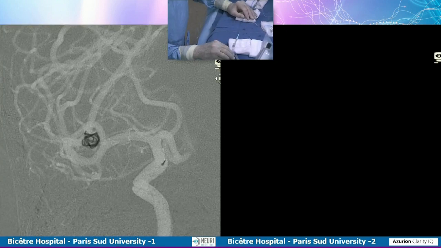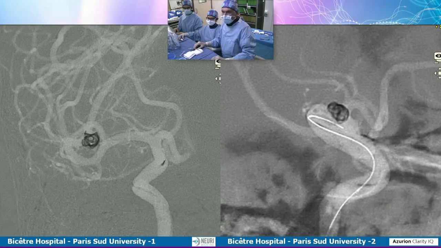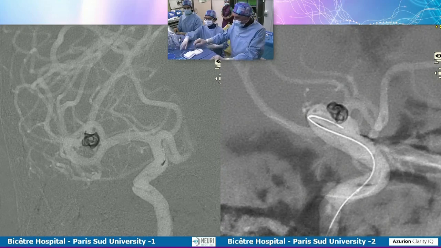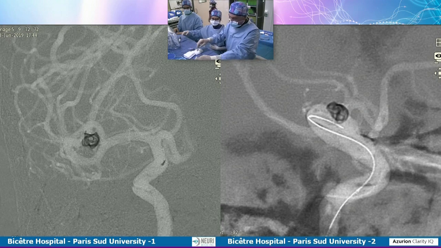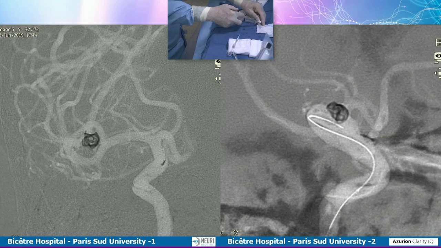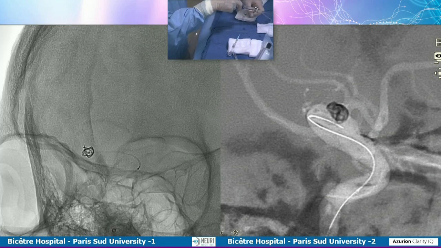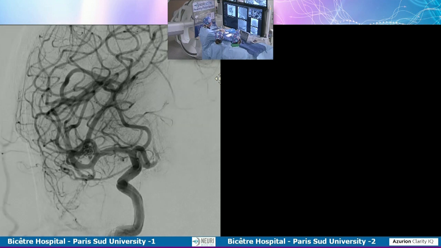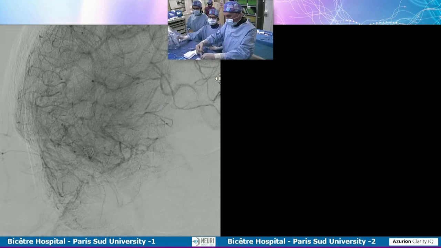So the length in between those two potential targets not to cover has led to choosing Pipeline 2.5, which is the smallest in diameter, and 10, which normally should fit, I hope, without covering this lenticulostriate artery. So for sure, we expect a shrinkage of those two aneurysms over time.